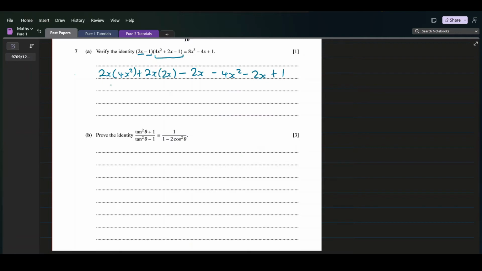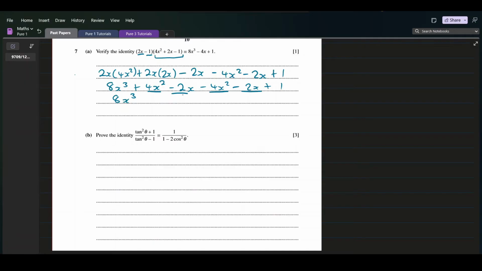If we simplify this, that's 8x cubed plus 4x squared minus 2x minus 4x squared minus 2x plus 1. Okay, so 8x cubed remains as 8x cubed. The 4x squared will cancel with minus 4x squared.